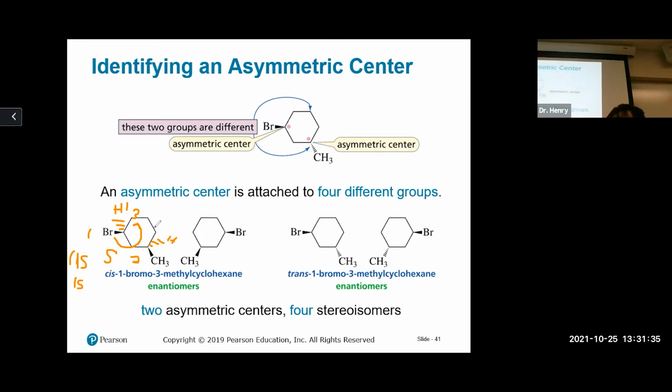The CH3. So that's going to be your 1. This guy's going to be 2. Is that going clockwise? So then that would be 3R. So this guy would be 1S, 3R, cis-1-bromo-3-methylcyclohexane.